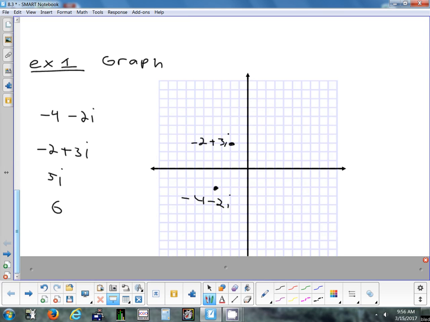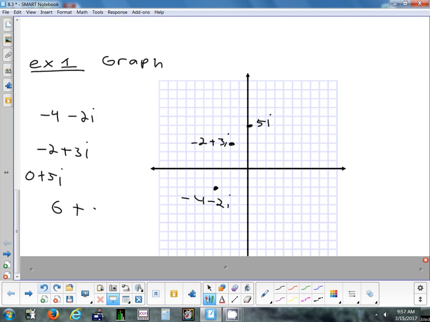So we have 5i. If you're confused because there's no real part, you could think of it like this: 0 plus 5i. So you don't go left and right, you just go up 5.